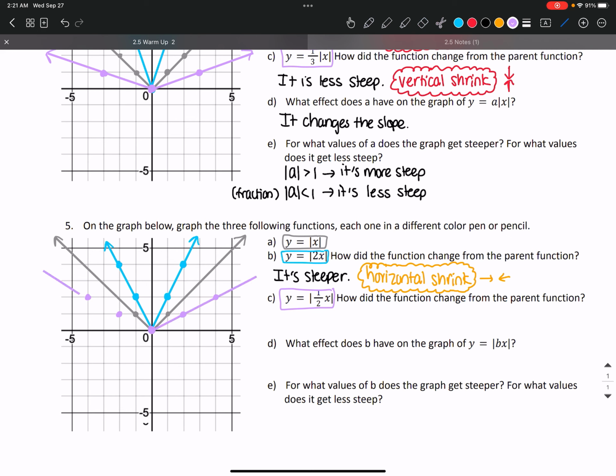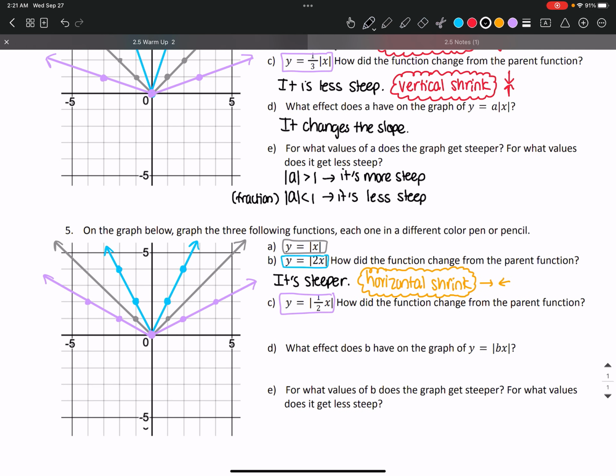And I'm going to see that once again, if I had a fraction as a coefficient, inside or outside, the graph gets less steep. So it's less steep. That's what I'm seeing, and if it's on the inside, we talk about what's happening horizontally. It's a horizontal stretch, which means that I am going to be pulling the left and right outwards.